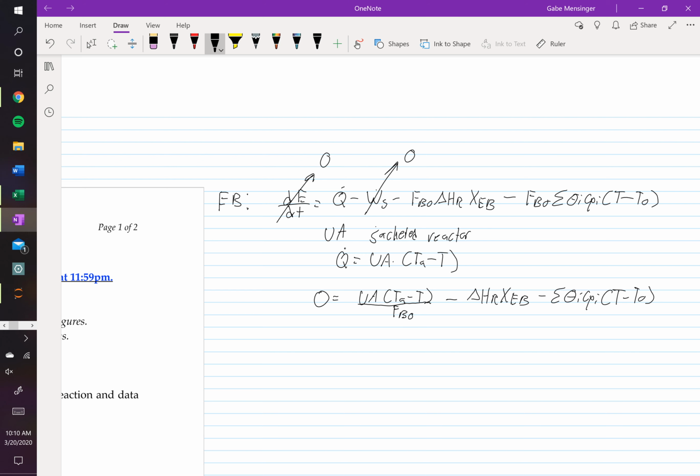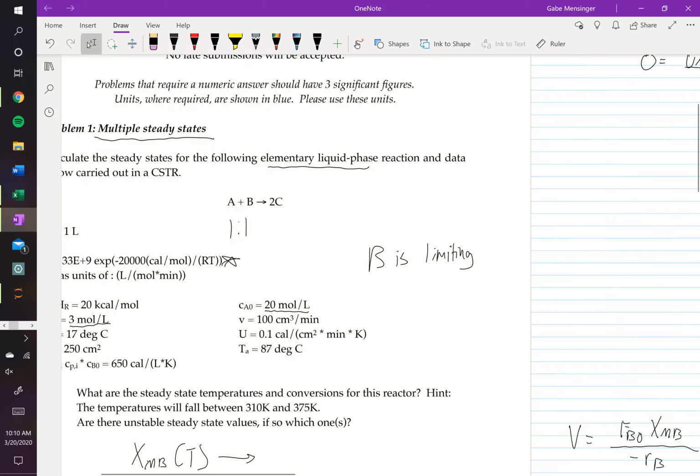So looking at the terms that we have here, we know essentially everything over here.